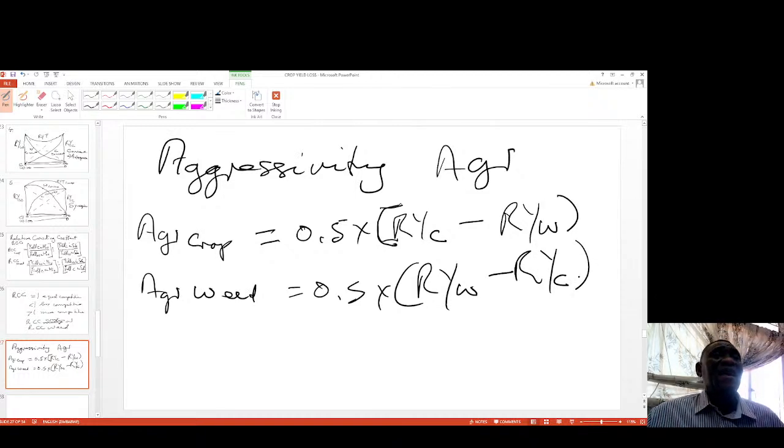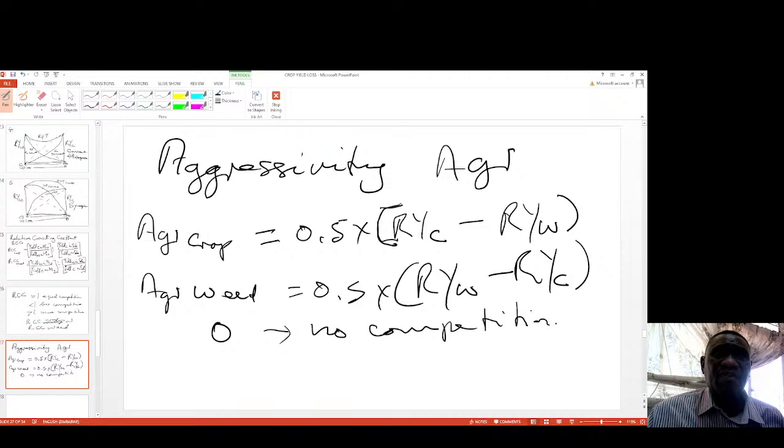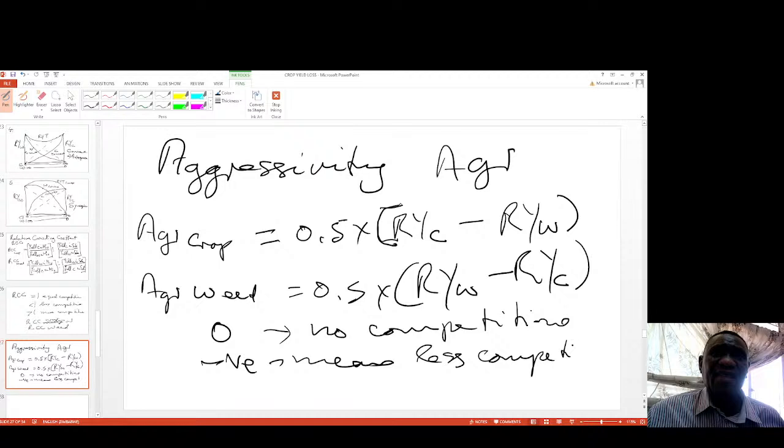If you get 0, it means no competition. A negative value means less competitive. It depends which one you have computed. Is it AGR crop or AGR wheat? It could be a positive number, which means more competitive.